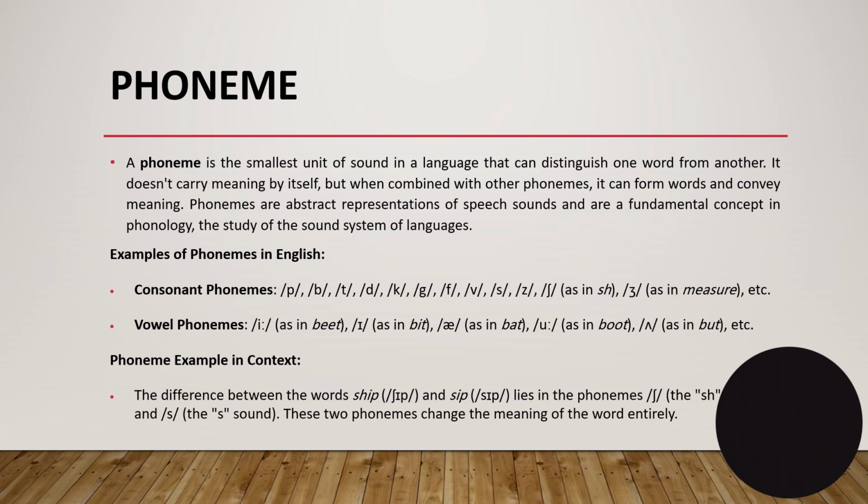Examples of phonemes in English: we have the consonant phonemes like p, b, t, d, and so forth. We have the vowel phonemes, including the long E as in beat, the short E as in bit, A in bat, U in boot, and so on.